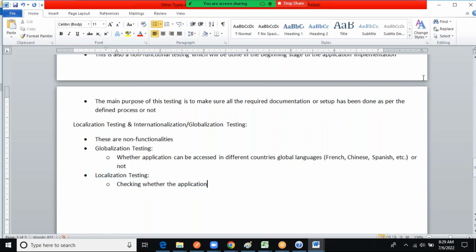So localization is about, as Ramesh mentioned, the local regional languages of a country. Checking whether the application supports different regional languages within our country.